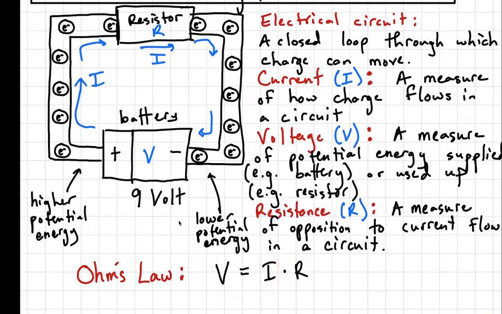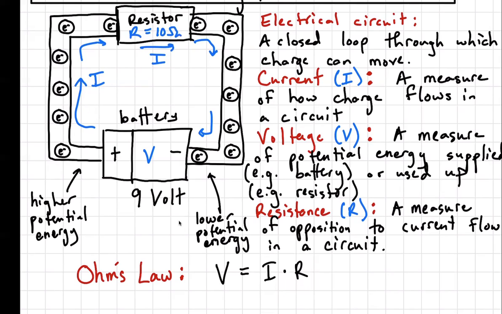An example of that is, I already gave this example of a 9-volt battery. I can give an example here for resistance as well. So if I had a resistance that was equal to 10 ohms, and ohms is the unit of resistance. This symbol right here, that's an ohm, Greek letter. If I had a 10 ohm resistance, we can work out how much current there would be in this circuit.